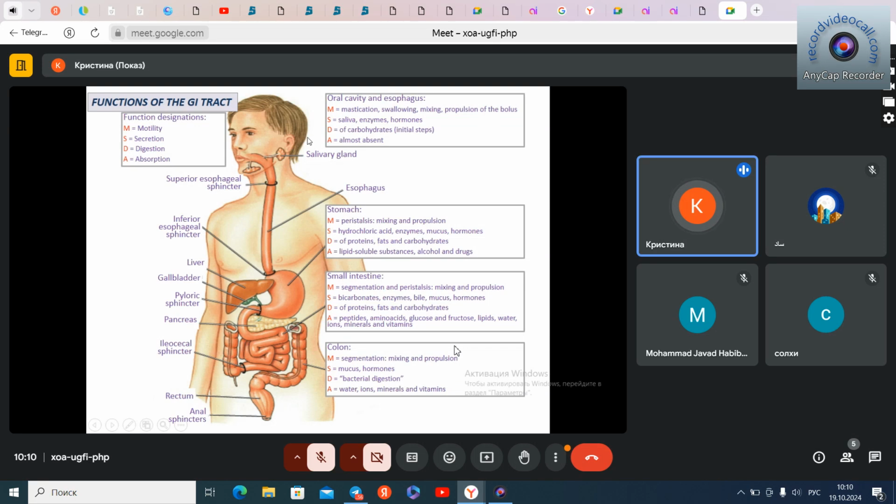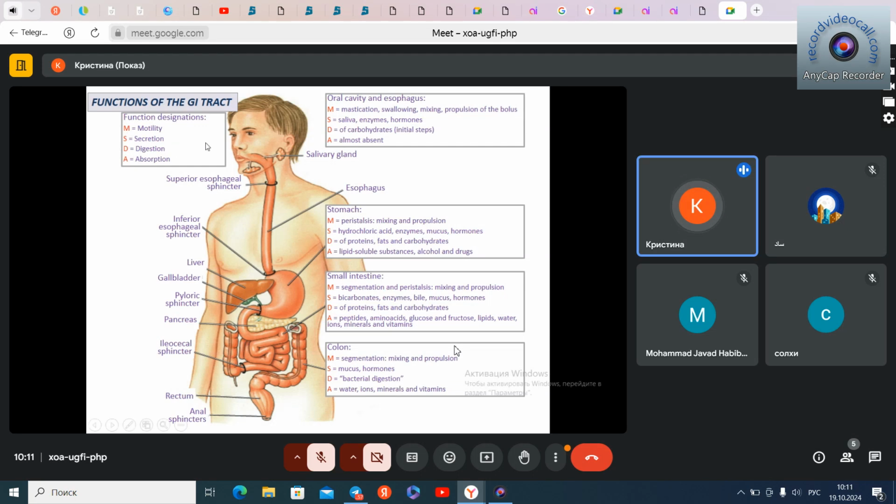So, in the oral cavity and esophagus, the function of motility includes mastication, which means chewing, swallowing, mixing, and propulsion of the bolus. Bolus is the mass of food which was chewed, masticated with the teeth, and mixed with saliva. This portion of food is called bolus and it travels along the gastrointestinal tract.